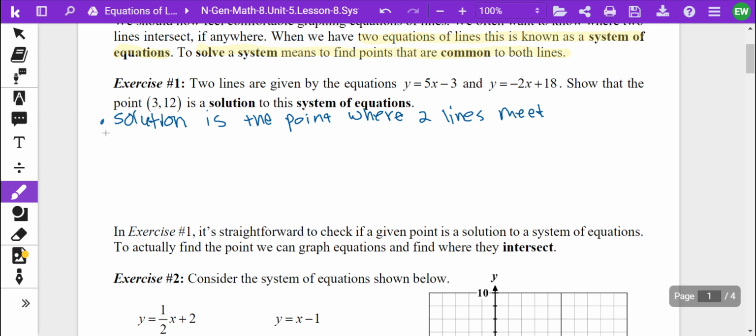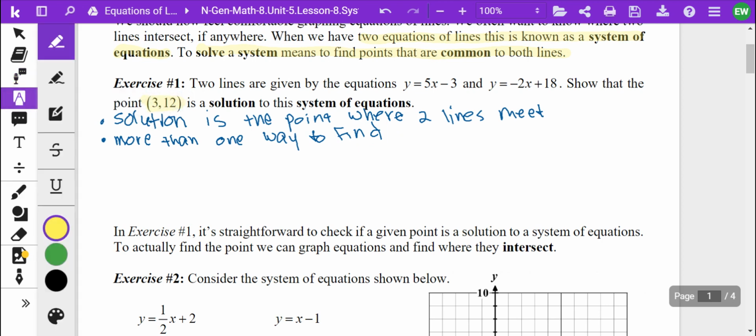There is more than one way to find the solution. Today, they're asking us if this point is a solution.